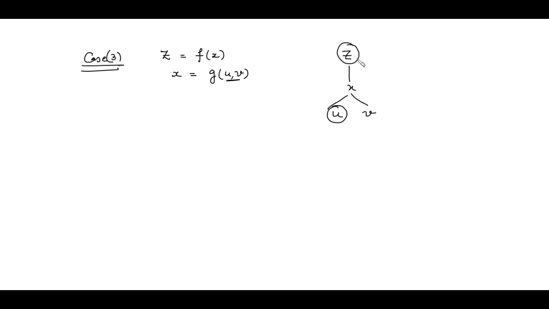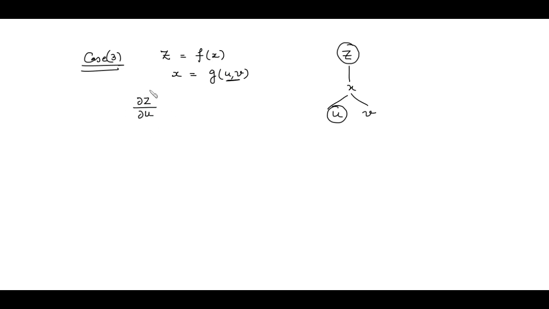So whenever a function is a function of more than one independent variable, we will always have partial derivatives. So here if we want to find the derivative of z with respect to u, it will come in terms of partial.